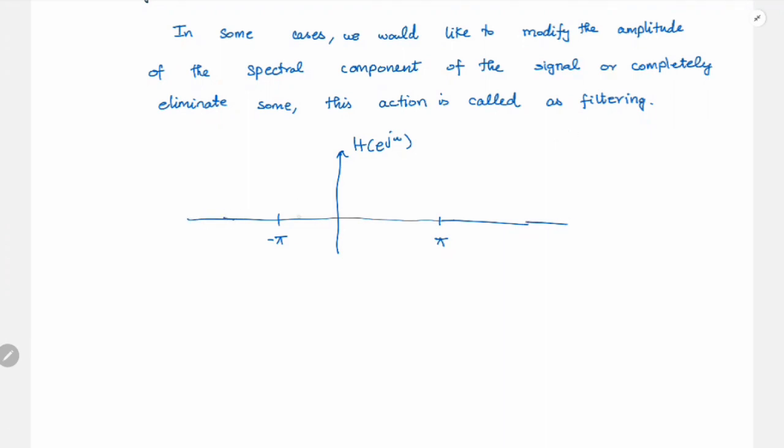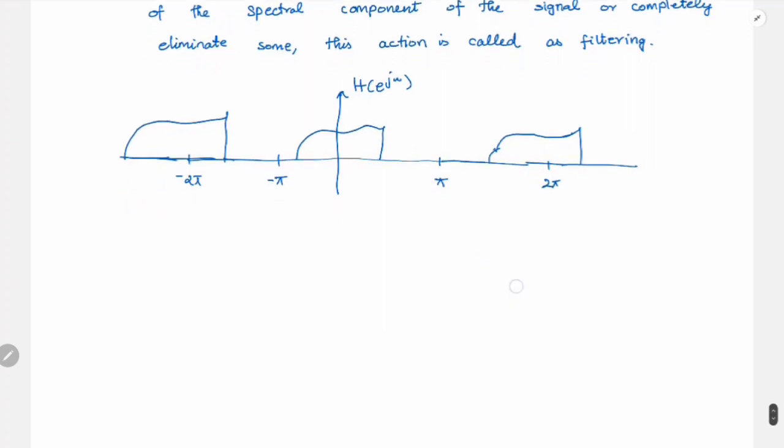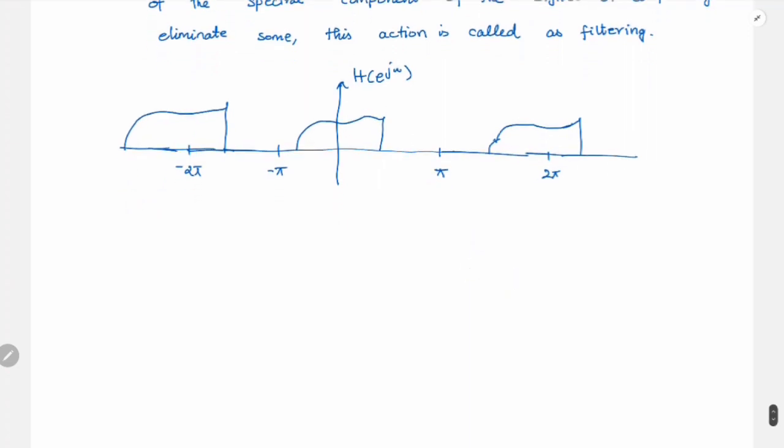If it is something like this, it is going to repeat itself every 2 pi, and even on this side, minus 2 pi, it is going to repeat. Suppose I say I am only interested in the spectral components in this band, and these are all some added noise and do not carry any information.